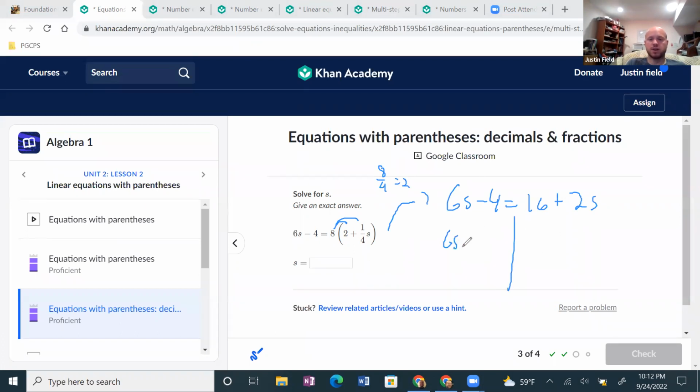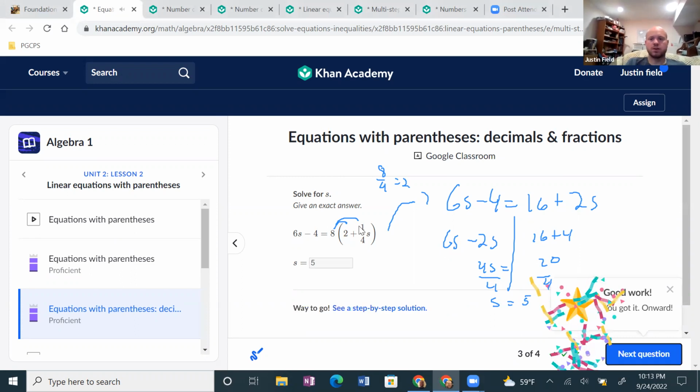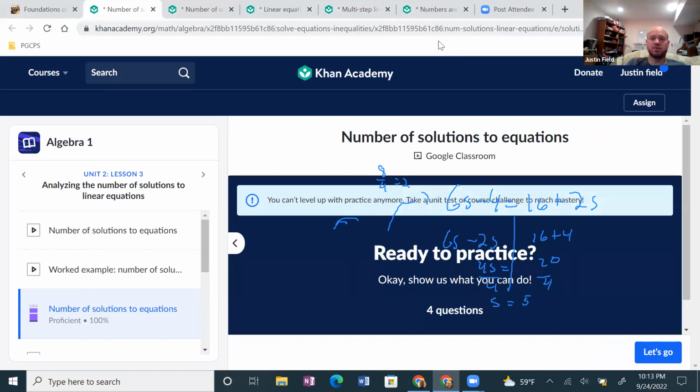Put my variables on the left and the numbers on the right. Combine like terms. Okay, divide both sides by 4. S equals 5. Prove it to you. Look, that. Okay, and so, just be careful with your negatives and you should be fine on that one.